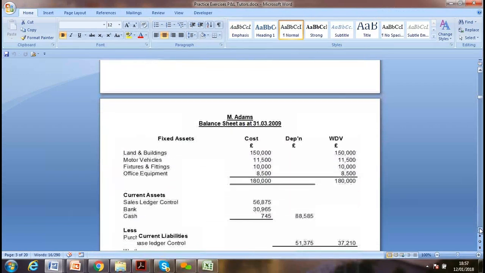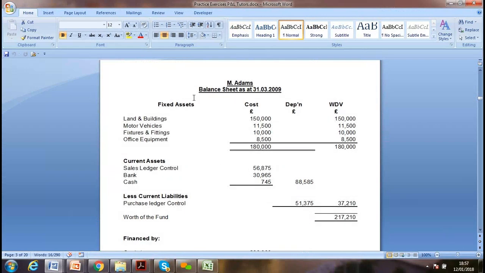Look there, we have fixed assets: land, building, machinery. They are at cost, meaning the price when we bought them. And if we have depreciation, we can minus it between them. And then we have a total, because we don't have depreciation here. Depreciation means reducing the value of the asset every year.